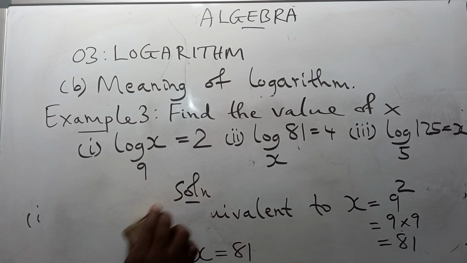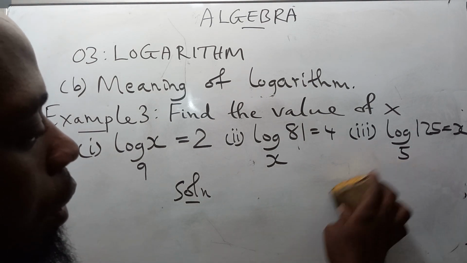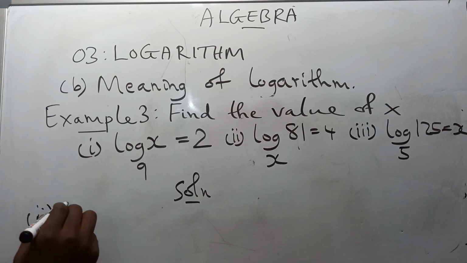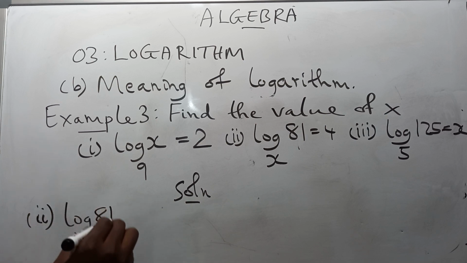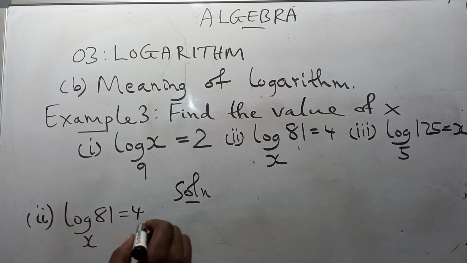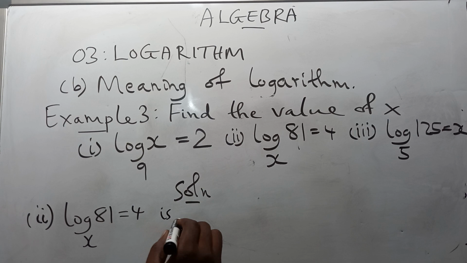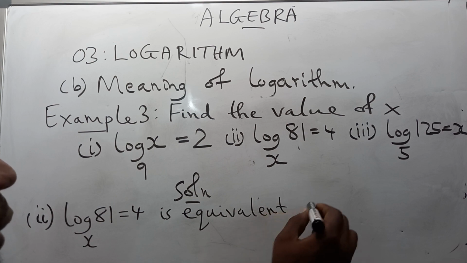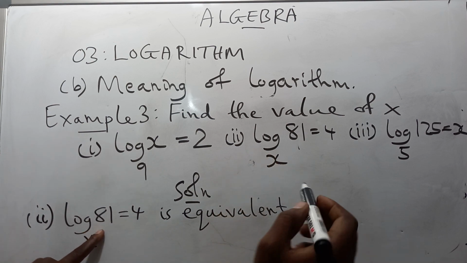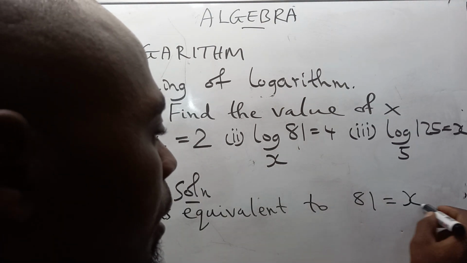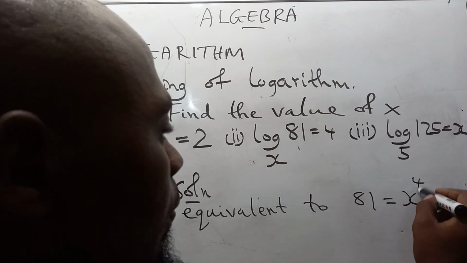Okay, let's look at part 2. Log of 81 to base x is equal to 4. In order to find the value of x, we must write this logarithm in its equivalent exponent form. The given number 81 is equal to the base x raised to the power of 4.